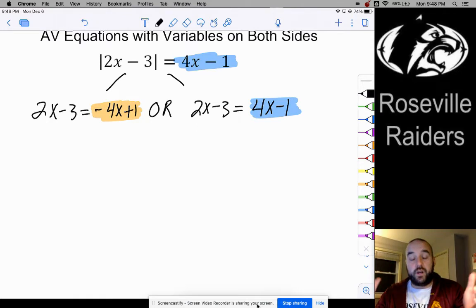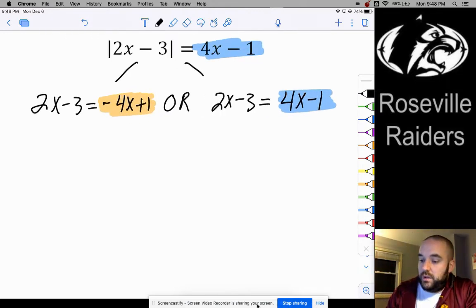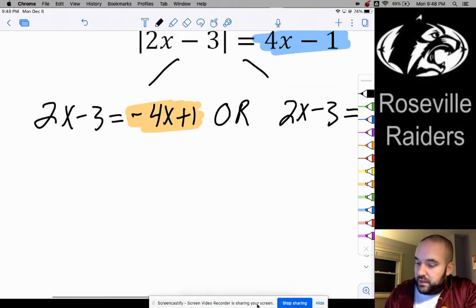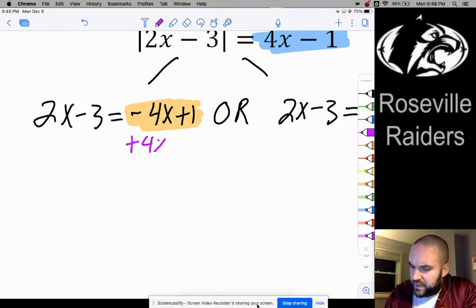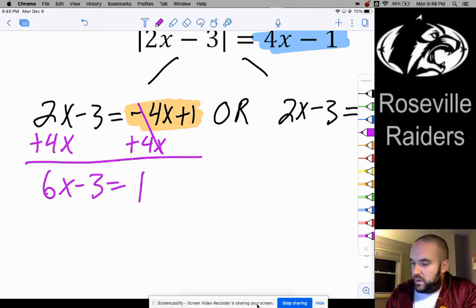Now that I've split it up, I can drop the absolute value bars and start manipulating these how I want. Here the lesser of the two x terms is 4x, so I'm going to add 4x to both sides. I get 6x minus 3 is equal to positive 1.